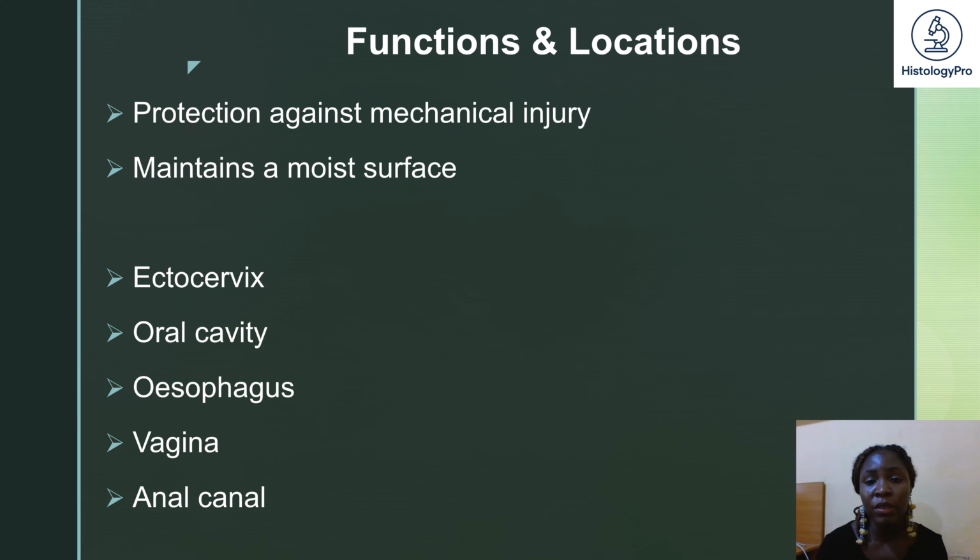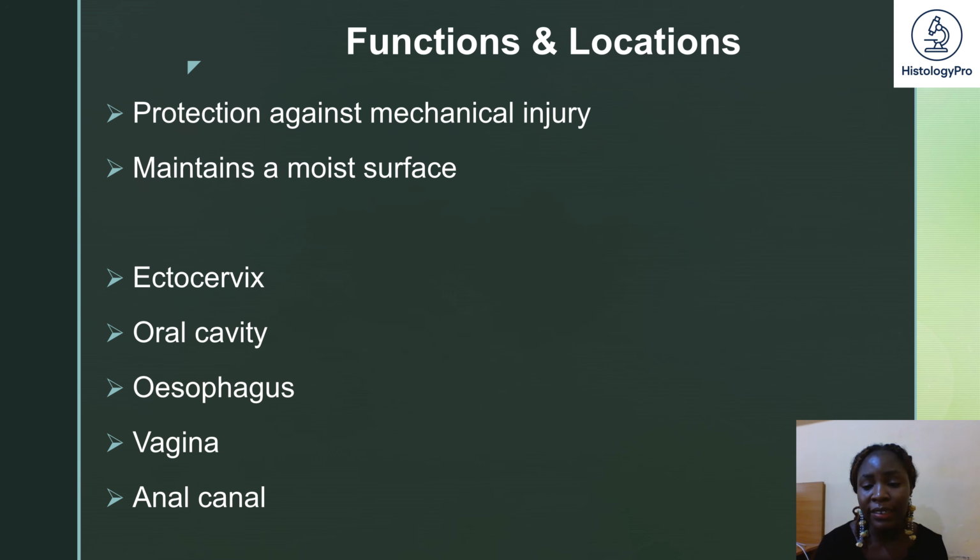The non-keratinized stratified squamous epithelium is primarily adapted for protection in a moist internal environment. First, it provides protection against mechanical injury. The multiple layers of cells help resist friction caused by swallowing, sexual intercourse, or passage of material through body openings.